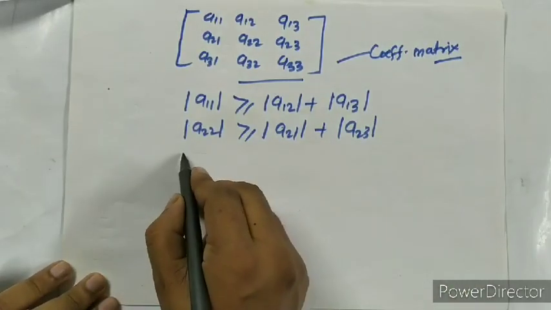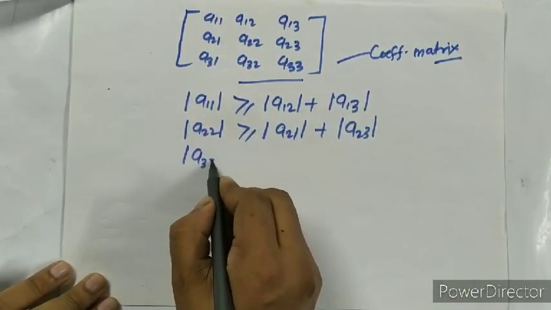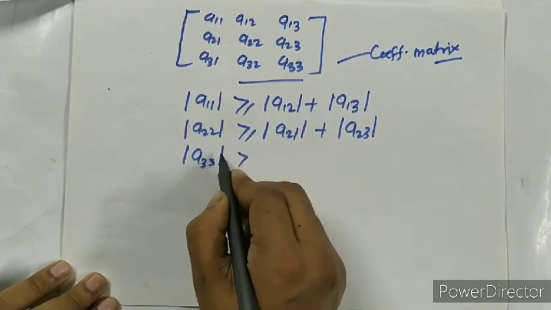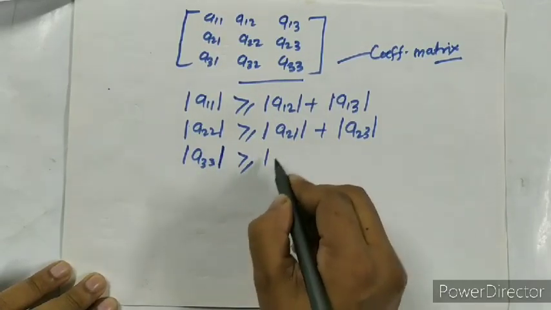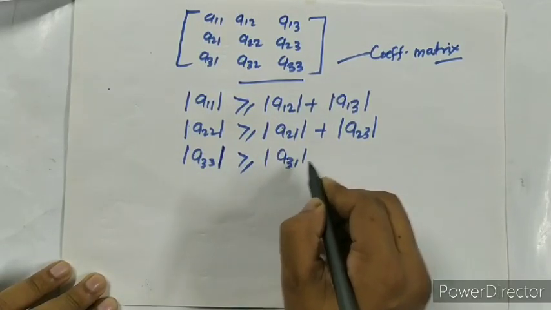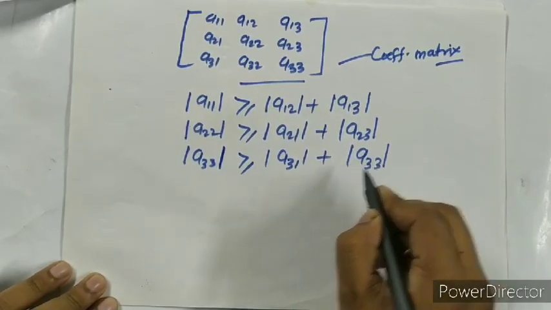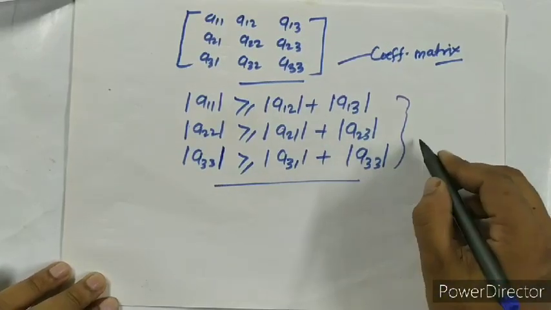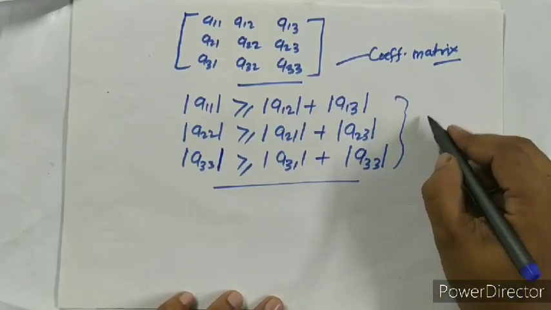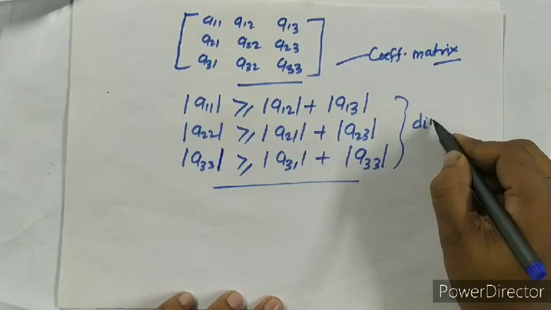Similarly for A33, the magnitude of A33 is greater than or equal to the magnitudes of A31 plus A32. If this holds, then the given matrix is diagonally dominant.